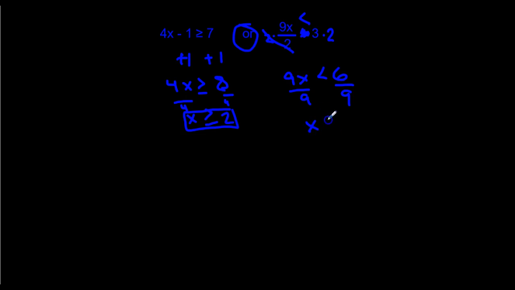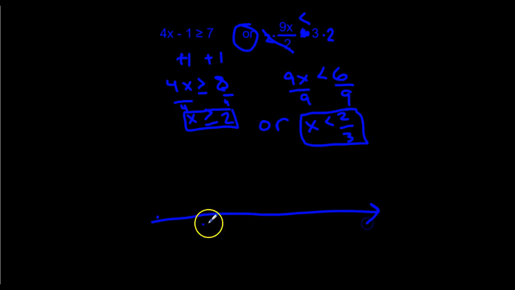And we get x is less than 6/9. 6/9 is also the same as 2/3. With a big fat OR in between these. So let's draw this on a number line to see if this is even possible.